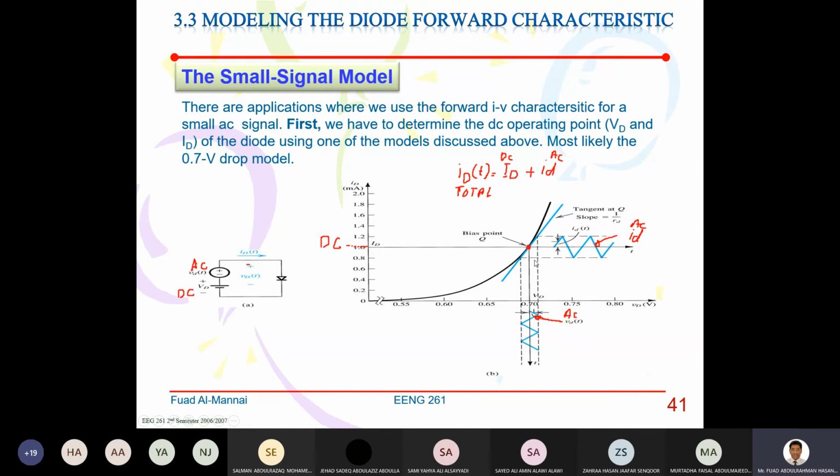Now, when you do that, we have an operating point. Our load line comes like this and intersects the curve in here, at this point. We call this the Q point. Right now, VD is equal to 0.7 volt, which is this one here. Now the AC signal, for example, say it has a triangular waveform.